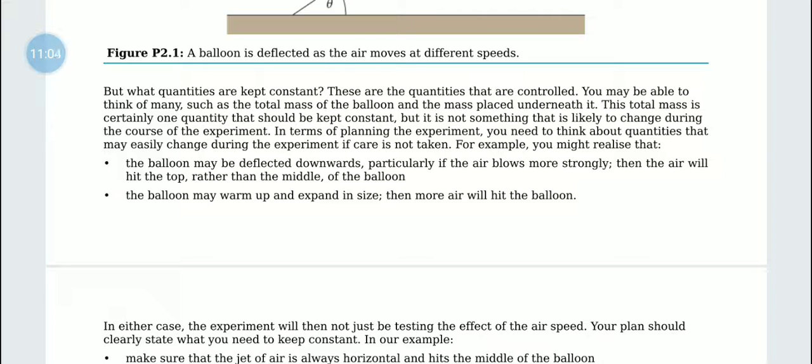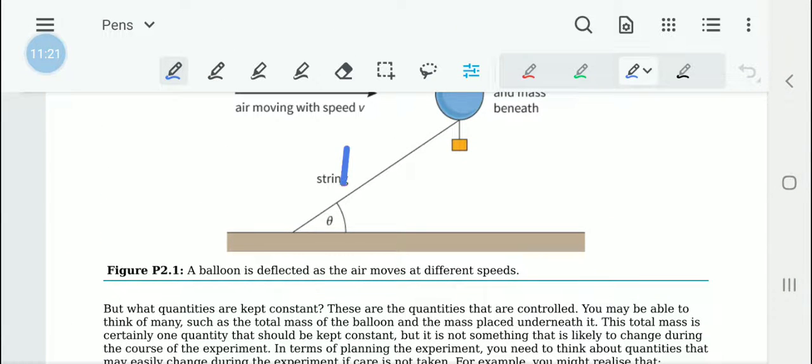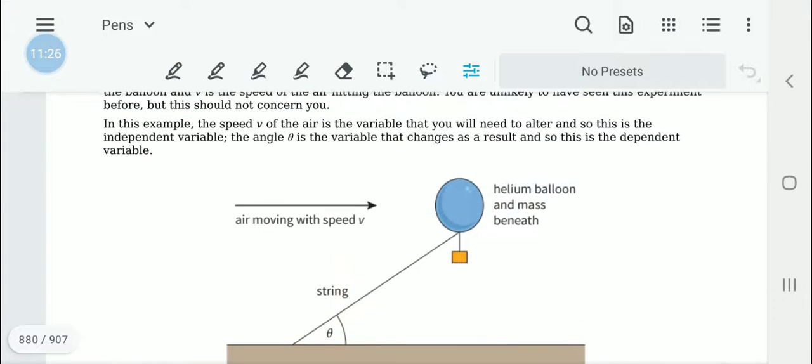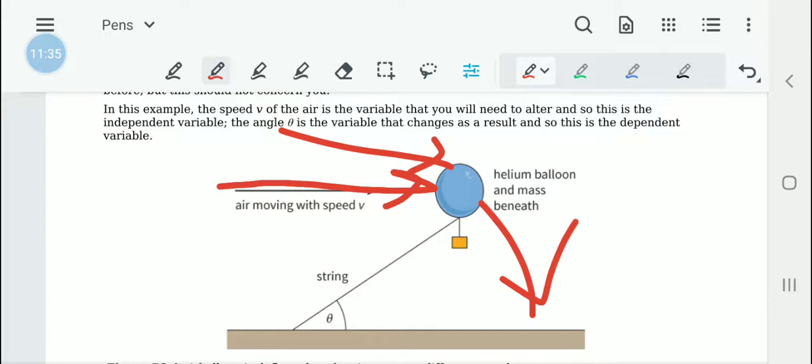So what we need to understand is one thing that needs to be kept constant: the balloon would be deflected downwards if the angle is not right. For example, if the air was to hit like this, then it will get thrown downwards.